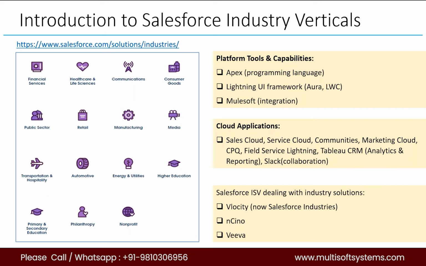Einstein had good analytics capability for the Salesforce platform, with Einstein Discovery, and Tableau is very strong on the reporting and visualization part. They rebranded it to Tableau CRM. So today the product from Salesforce for reporting and analytics is Tableau CRM.